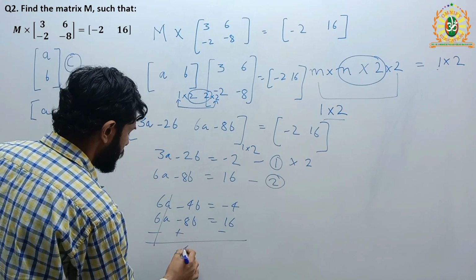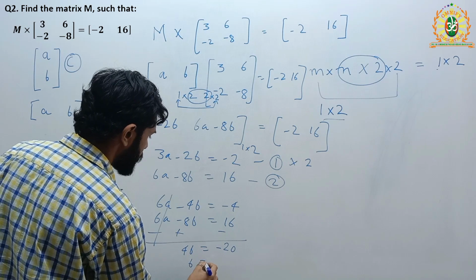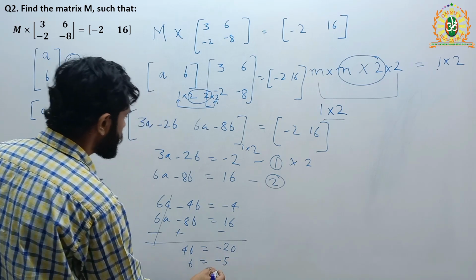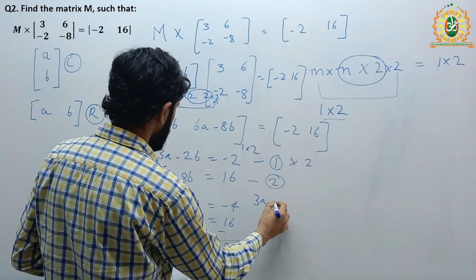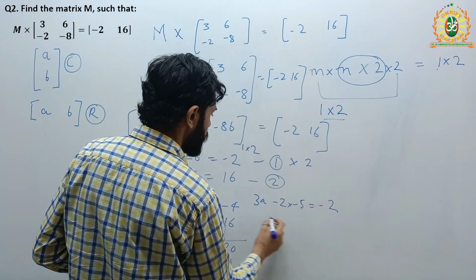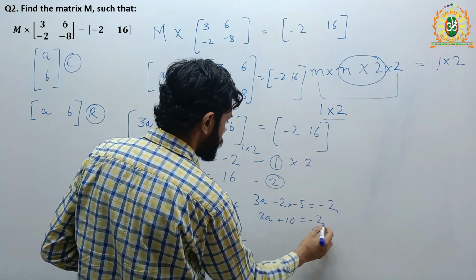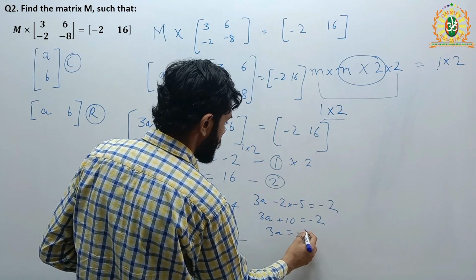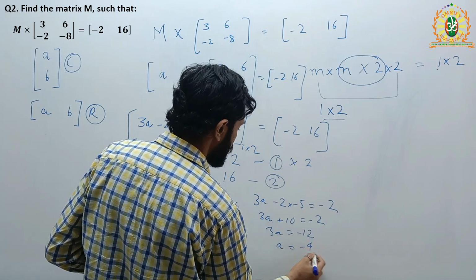You get 4b is equal to -20, or b is equal to -5. Then substituting this value, you get 3a minus 2 into -5 is equal to -2, or 3a plus 10 is equal to -2, 3a is equal to -12, or a is equal to -4.